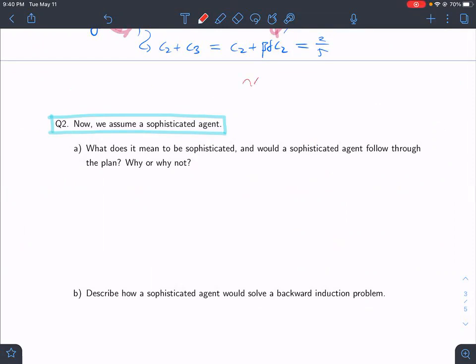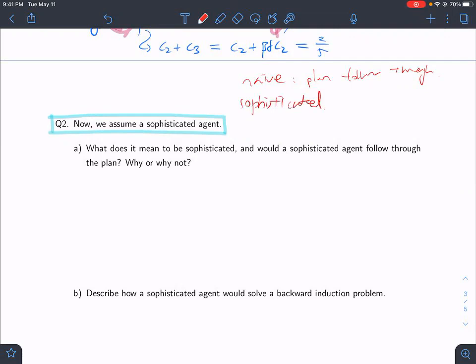When we were solving the naive agent, we were solving at once. He was thinking that my plan follows through. So I was just solving at once, getting the plans, and then we were done. The sophisticated agent is not stupid like the naive agent. He knows what the future agent will do.